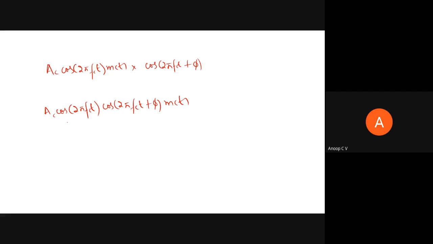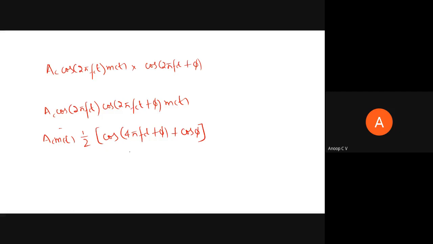If you multiply this, cos A cos B, it will be Ac times, maybe m of t I'll take outside as it is, then we'll get half cos of 4 pi fct plus phi, then plus, 2 pi fct minus 2 pi fct will be 0, so plus cos phi.